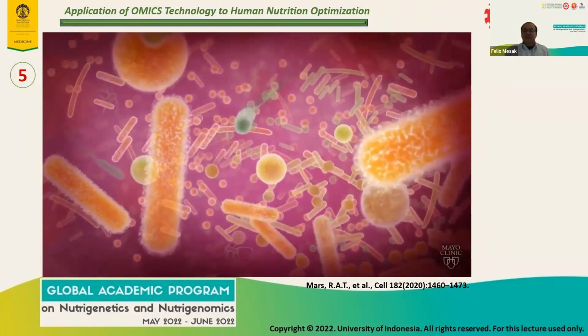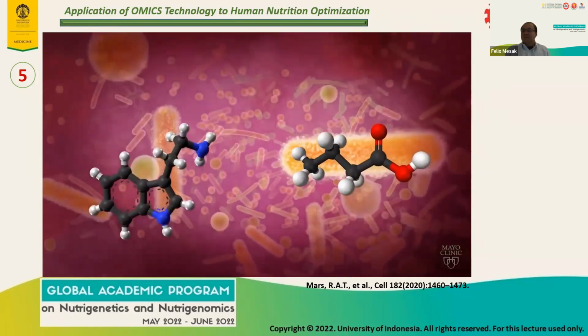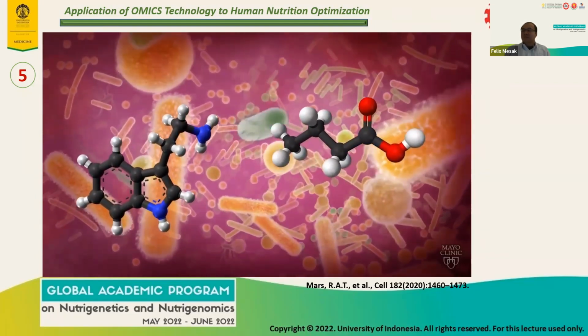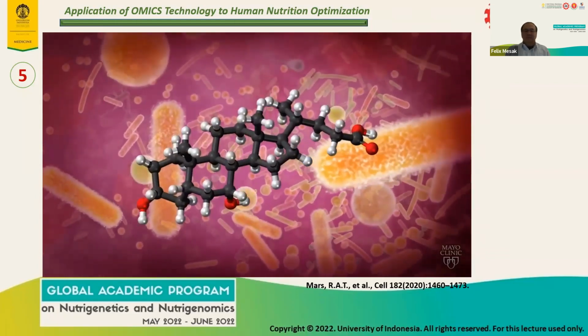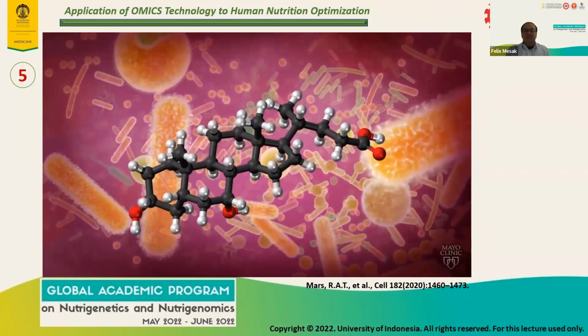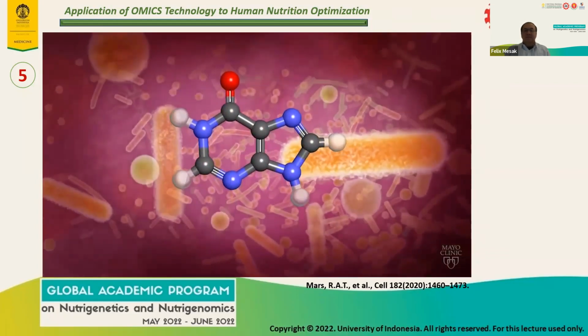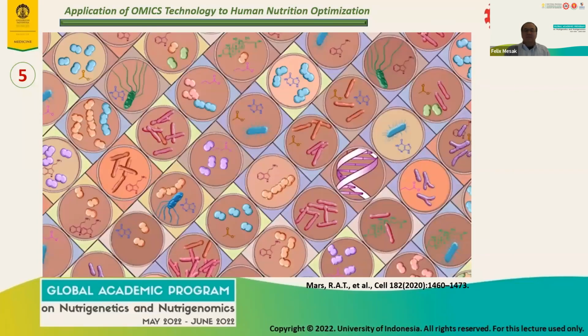Based on our findings, native or engineered bacteria that produce short-chain fatty acids or tryptamine may be used to treat IBS with constipation. At the same time, bacteria that convert primary to secondary bile acids may be used to treat IBS with diarrhea. Finally, hypoxanthine-producing bacteria may help treat symptoms in patients with both subtypes of IBS.